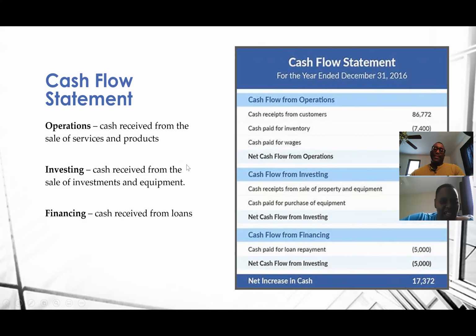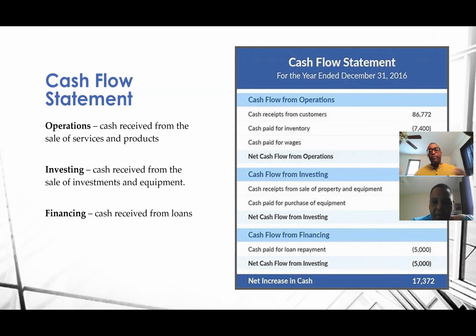Then the last statement is what we call the cash flow statement. This is important. There's a couple sections in the cash flow statement, and this is dealing with what's running through your business from a cash basis. Remember when I said cash is king? This is important because the income statement is what accountants call GAAP based, generally accepted accounting principles, meaning that it's not just cash, but it's based on the revenues that you have generated.